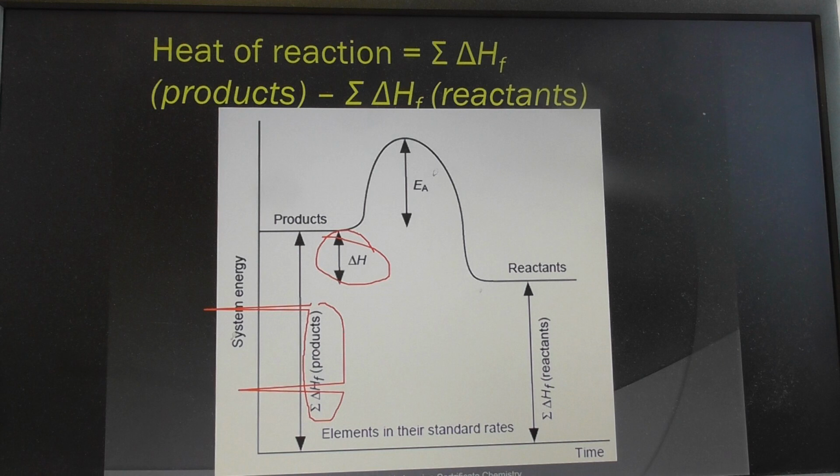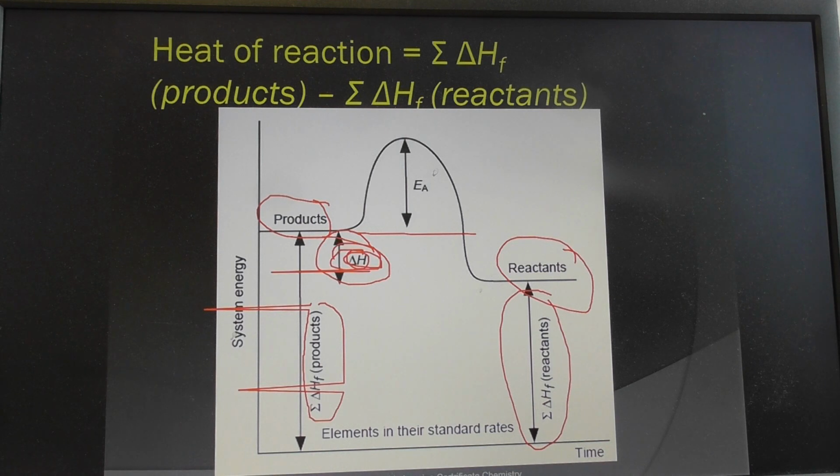There's the heats of formation of the products. There's the heats of formation of the reactants. If we subtract this away from this, you will be left with the delta H. And it doesn't matter about the activation energy, because we only care about the initial and the final, not the route taken.